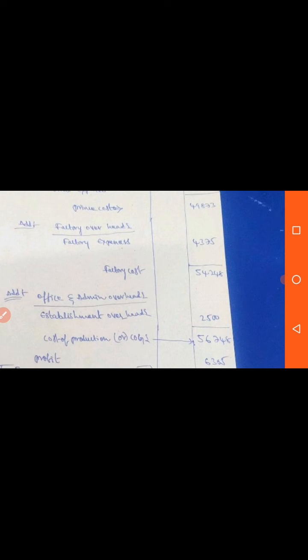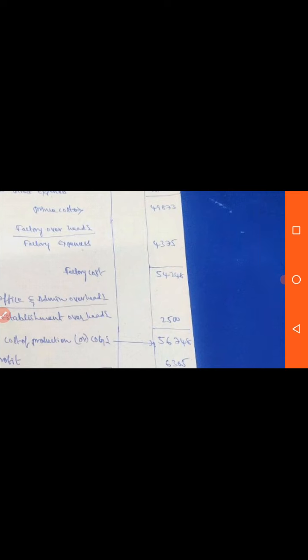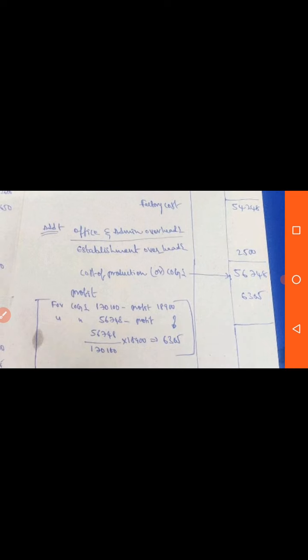Here we have establishment expenses, 2,500 rupees. So 54,248 plus 2,500 equals 56,748. So total cost of production or COGS equals 56,748.